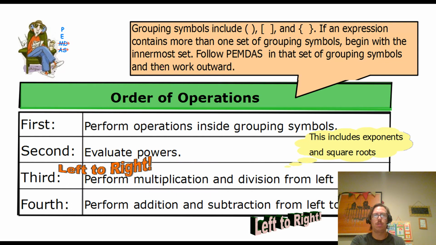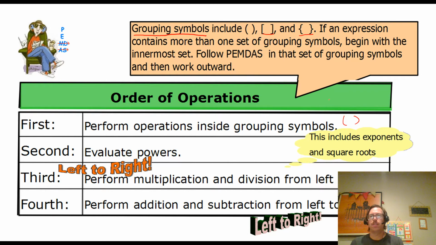P is for parentheses. Parentheses means we do all grouping symbols first. That means we might do our parentheses, if they have brackets, or even these squiggly line brackets, it still counts as a group. And so we're going to do whatever is inside that group first, solving that inside part first.